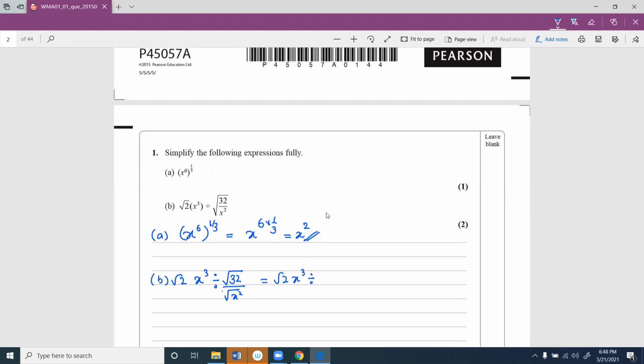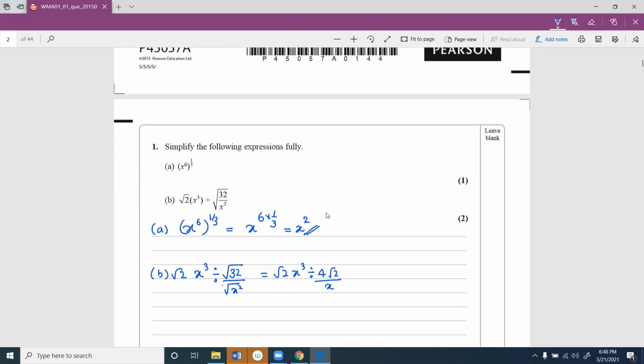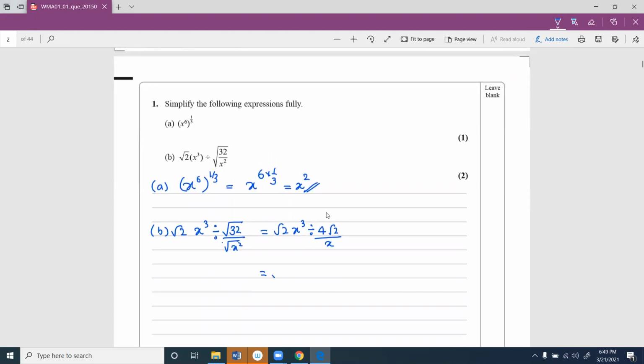The square root and the square cancel for x squared, and it turns into x. So with that, root 2 x to the power 3 can be written as a multiplication, x over 4 root 2. Now you can cancel this root 2 with the root 2 over here. With that, x to the power 3 times x to the power 1 is x to the power 4, so x to the power 4 over 4 would be your final answer. That's a way of doing this question.